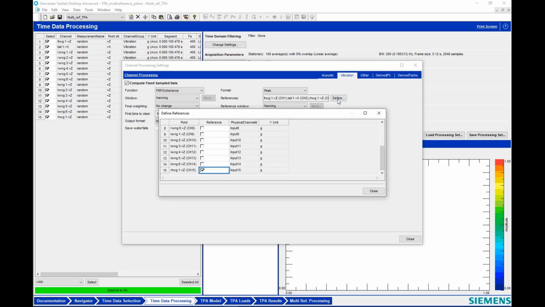In a modal context, as long as your shakers are uncorrelated, I can turn on 4 references and calculate the FRF. And that FRF with respect to reference 1 or reference 2 or reference 3 or reference 4 never changes. It's a system characteristic of your structure, because your references are perfectly uncorrelated.